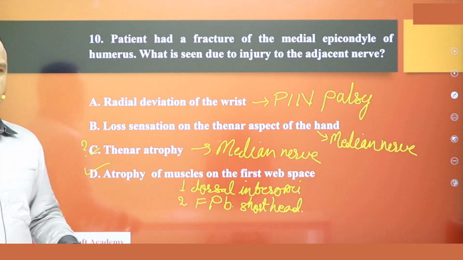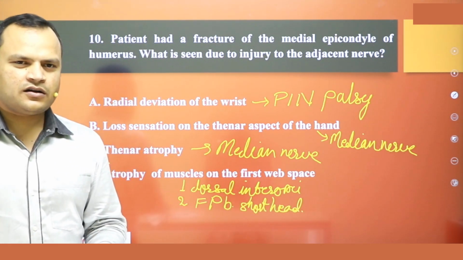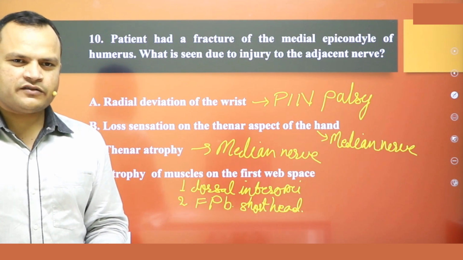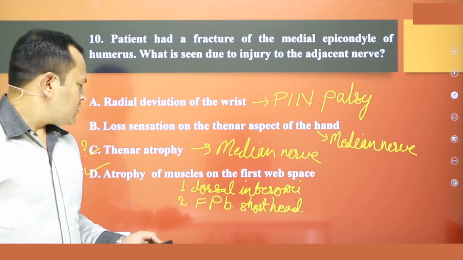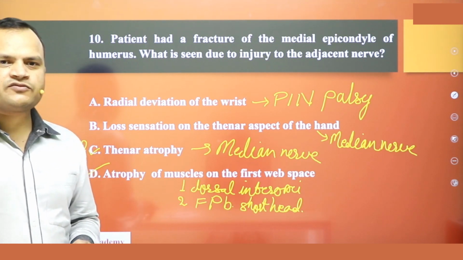Because of the atrophy of two muscles, which usually happens because of ulnar nerve injury, there will be atrophy of the muscles of the first web space.